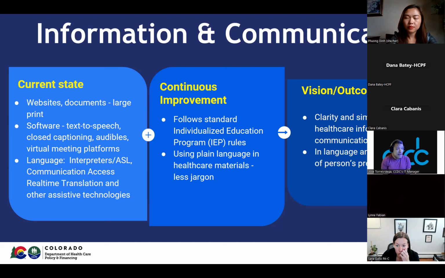And language. So, for example, right now we are providing language interpretation and ASL. So not just the spoken language, but also the language of other people with different types of disabilities. Real-time access to real-time translation and other assistive technologies that allow us to communicate better and to also learn better.